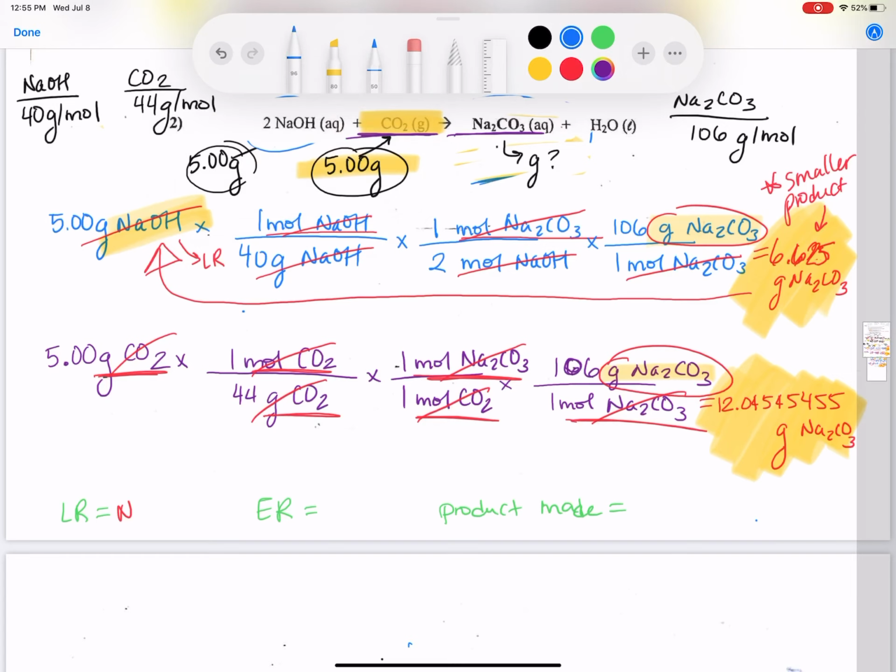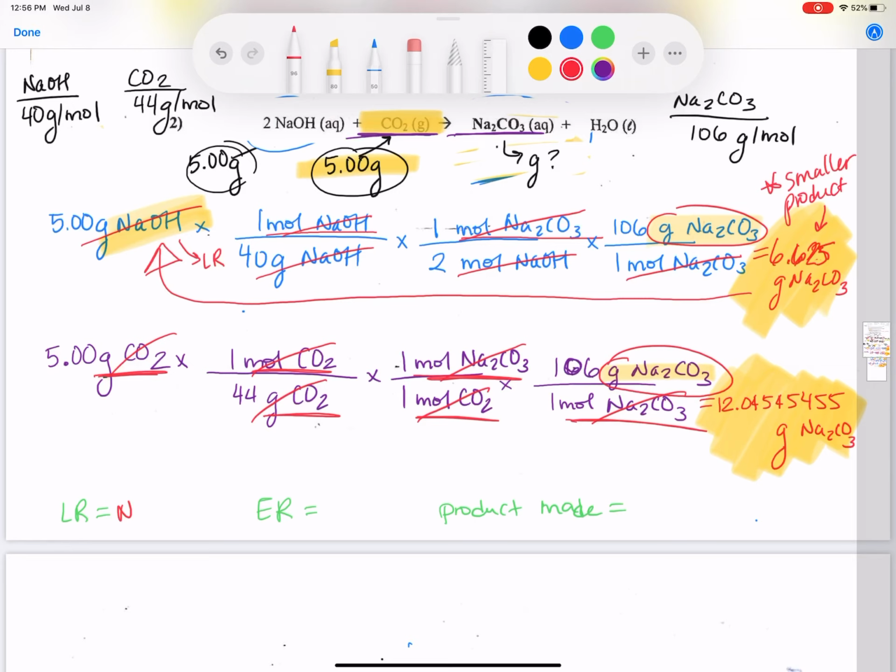Who, however, produced the greater amount of product, the 12 point whatever, that was carbon dioxide. So carbon dioxide is now my excess reactant. And sodium hydroxide, NaOH, is my limiting reactant.